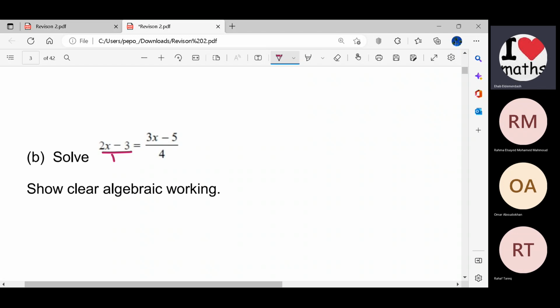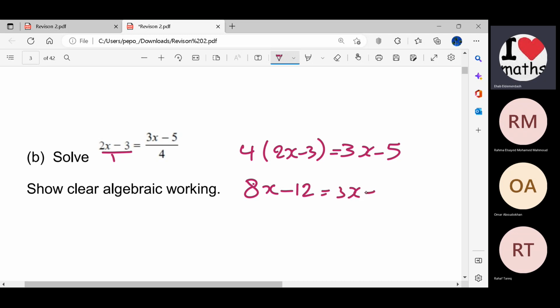Okay, here 2x minus 3 over 1 and there 3x minus 5 over 4. What should be my first step? I have to go into cross multiplication, so it will be 4 into 2x minus 3 equal 3x minus 5. This is my first step. Do we have any problem with the first step? Okay, let's go into the expansion: 8x minus 12 equal 3x minus 5.